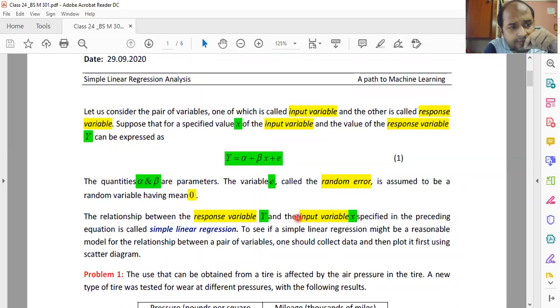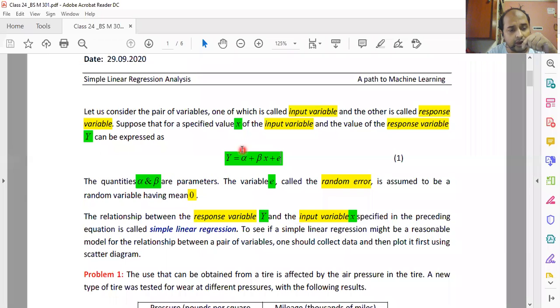You could have chosen capital Y and capital X for denoting the response and input variables, or you can take the small for one and the capital for the other. There is no hard and fast rule for doing that. The only important part is that one variable is the response variable and another variable is the input variable.